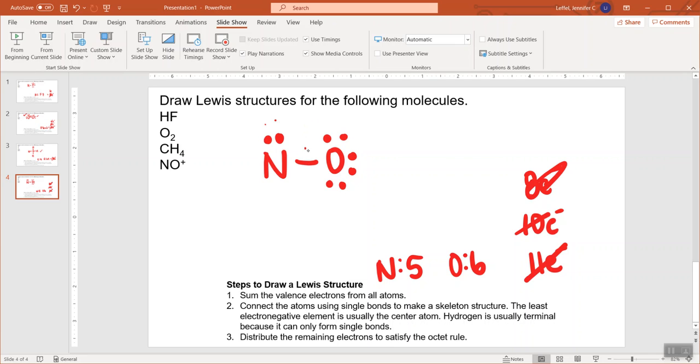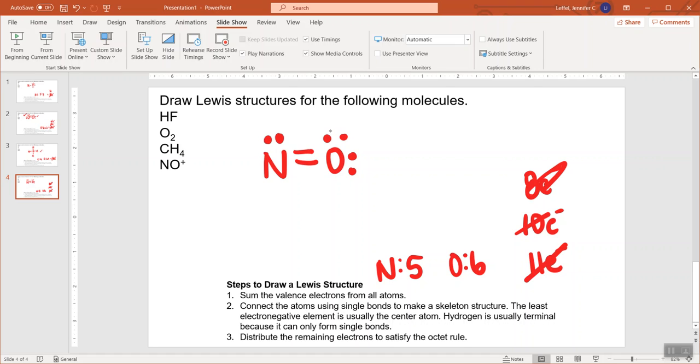So that means that I need to take some of these lone pairs of electrons and move them into the bond. So I'm going to move these 2 into the bond, make that a double bond now. I'm going to go ahead and get rid of them now that I've moved them into that bond. And now that gives me 1, 2, 3, 4 in the bond, 5, 6 with the lone pair, so that's still not an octet.